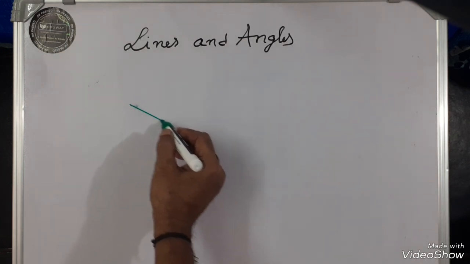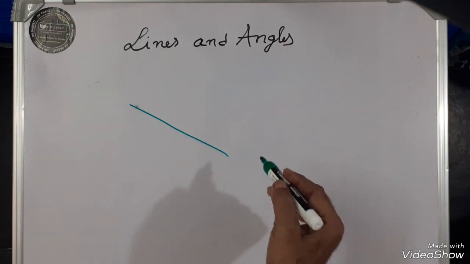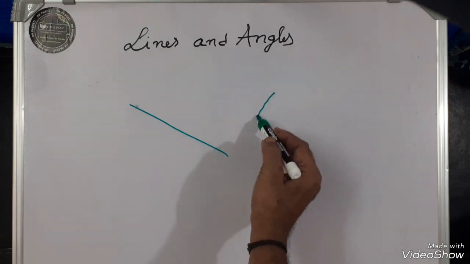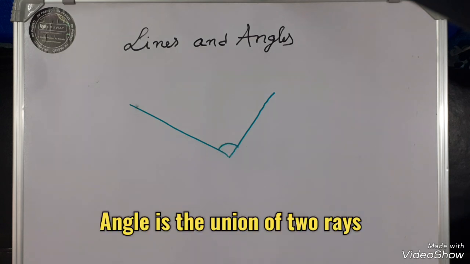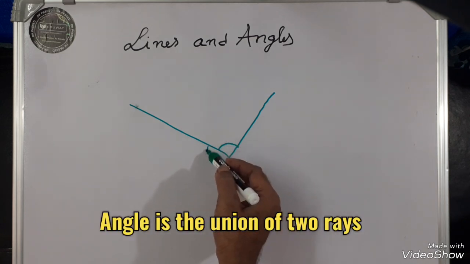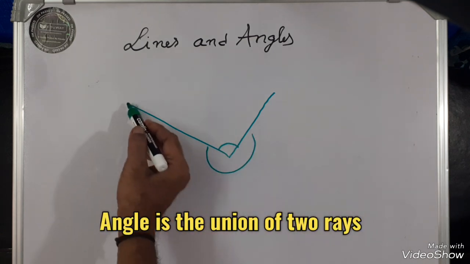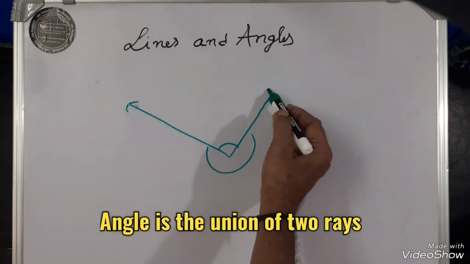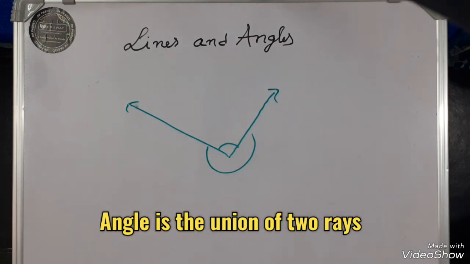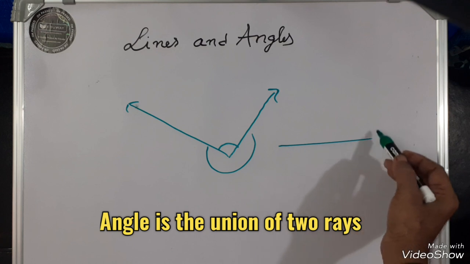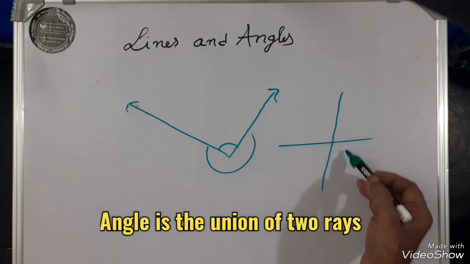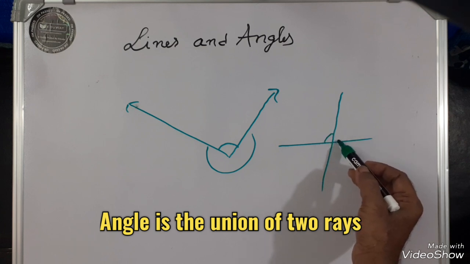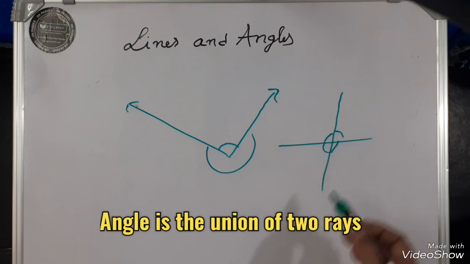Suppose when two lines meet at a point, then an angle is formed. This is the interior angle, this is the exterior angle. When two lines intersect, then four angles are formed, four interior angles.